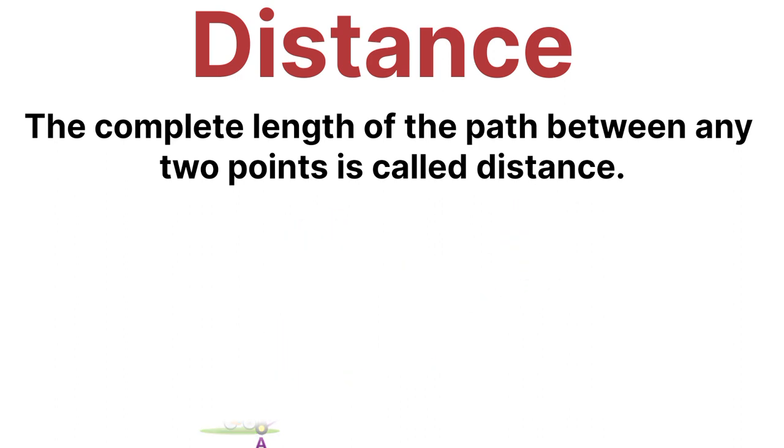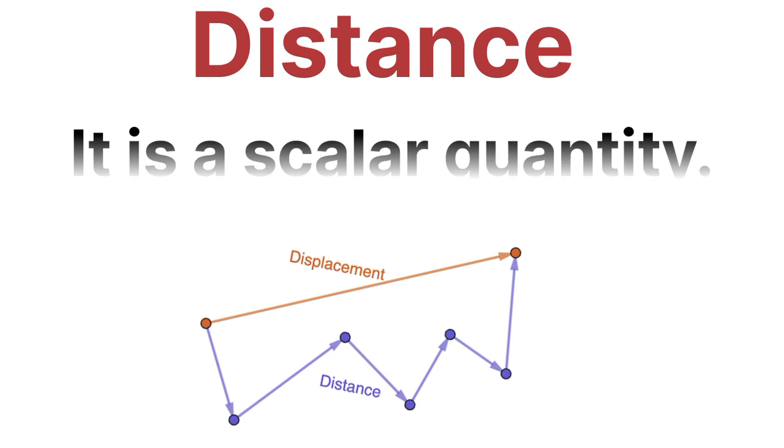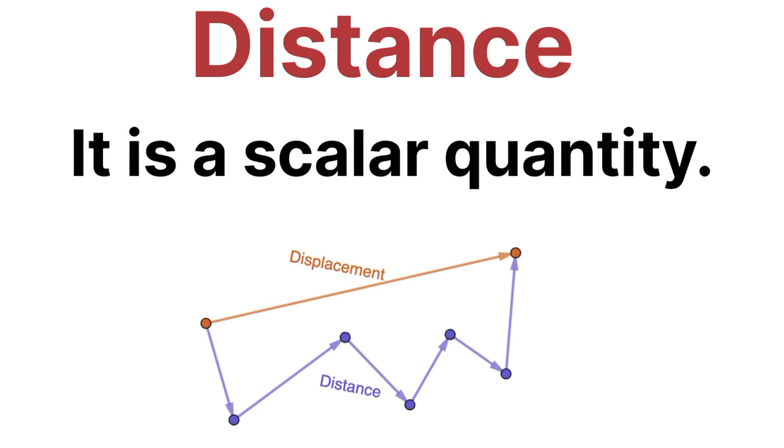So here you can see in the image also, the complete length to move from point 1 to point 2, that is nothing but the complete length, is called the distance. Okay, so distance is generally a scalar quantity. Why? Because it only has magnitude. So distance is a scalar quantity because in distance we can only find the magnitude, but we cannot find any type of direction in this.